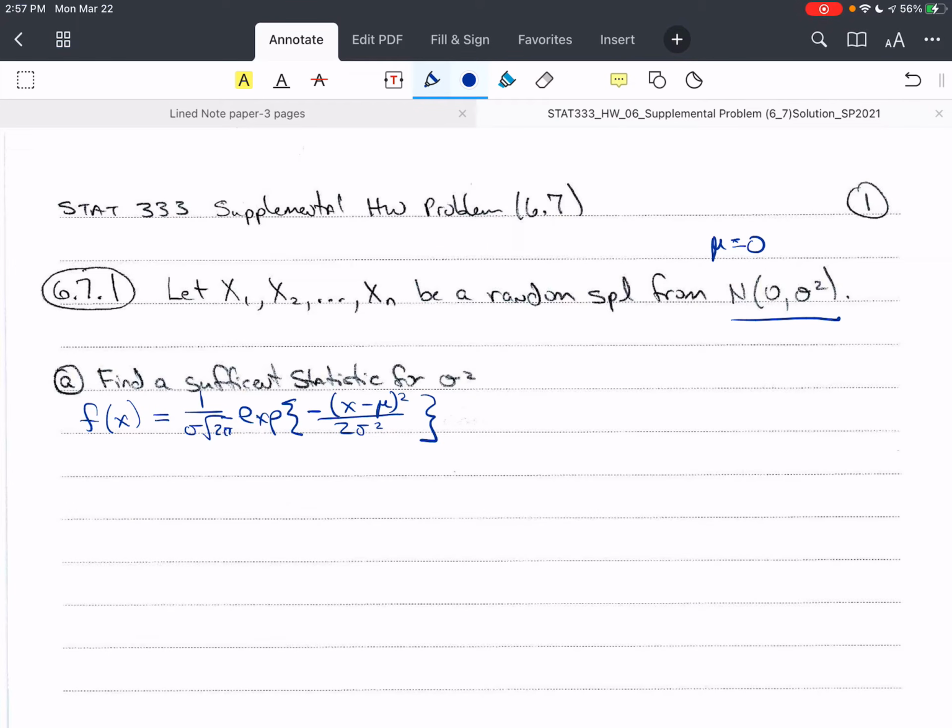Now, I need everything in terms of sigma squared, not just sigma. So how can I make this sigma turn into sigma squared? Well, I can put it under a square root sign, so I can move it inside here. And that would do it because the square root of sigma squared is sigma. Okay, so that's what we're going to do.